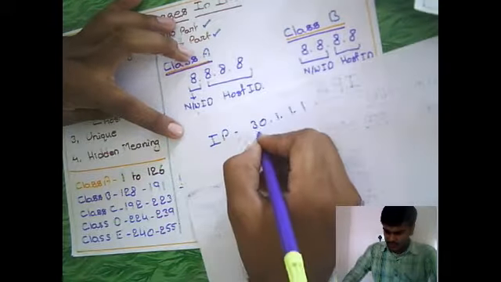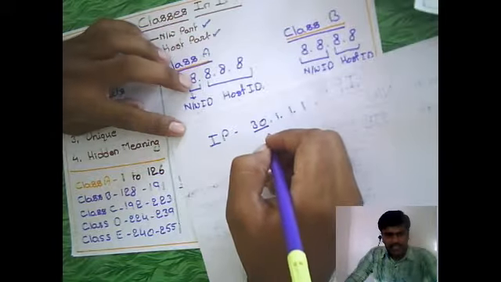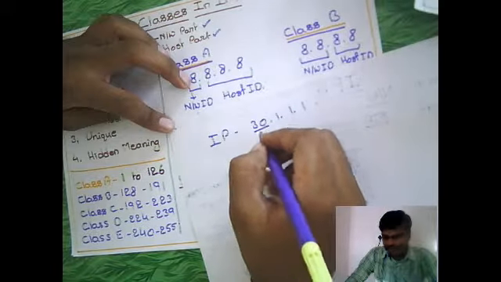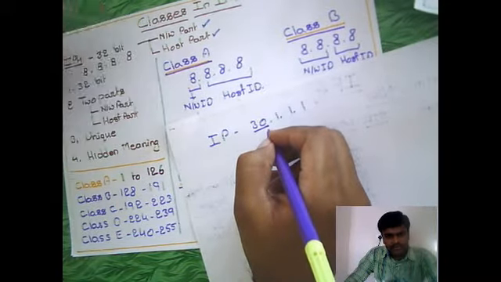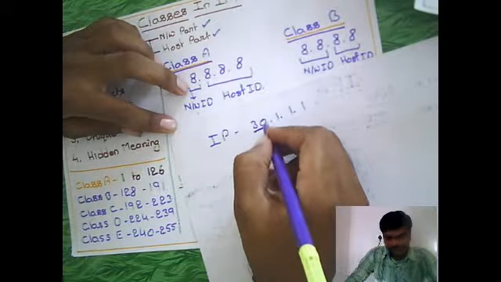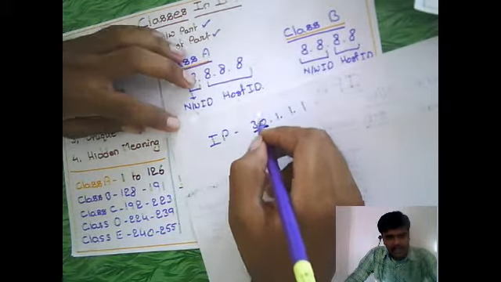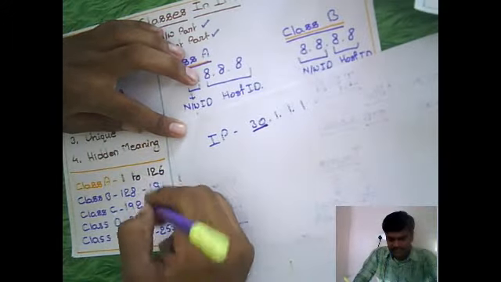Whenever you see any IP address, if you want to know which class it belongs to, only consider the first octet, then take that number and find out which range it comes under.